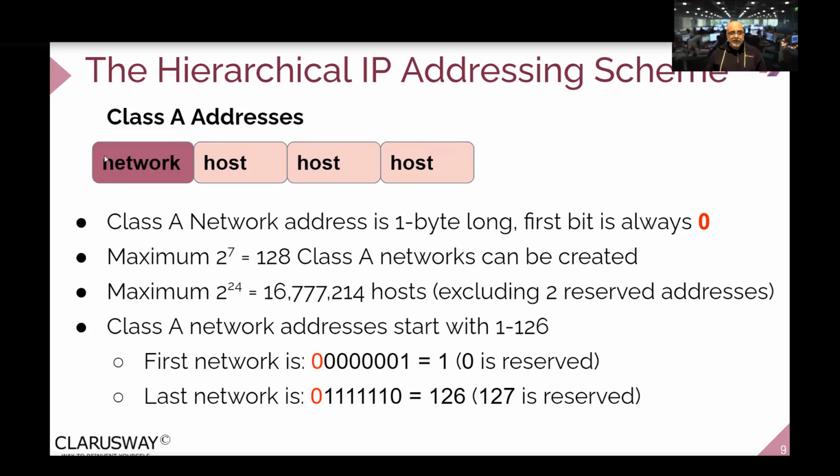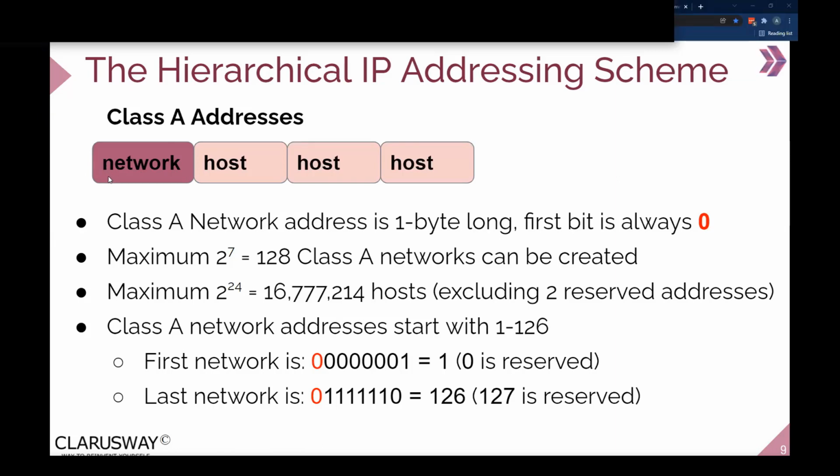Okay, so if the first bit is 0, how many bits are left? Remember, 1 octet, 1 byte has 8 bits. I'm setting the first bit to 0. So how many bits are left? We're going to have 8 minus the 1. There's 7 bits left because the first bit is reserved as 0.